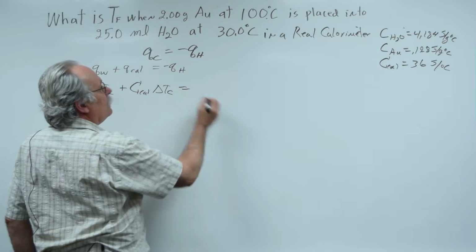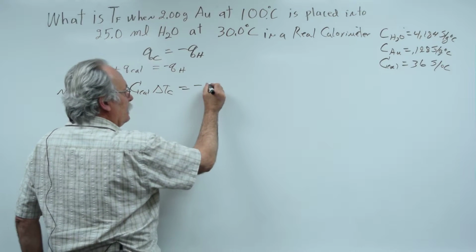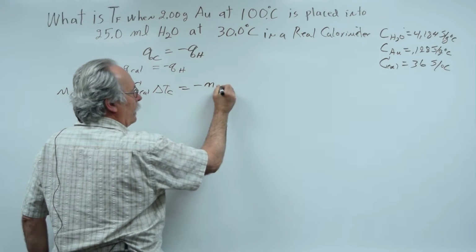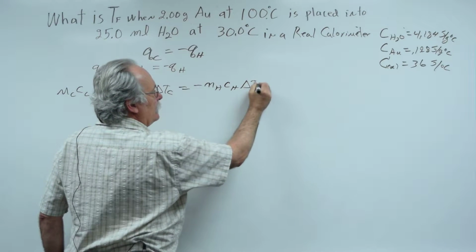Now this is equal to the heat lost by the gold, which is equal to minus the mass of the hot object, times the specific heat capacity of the hot object, times the delta T of the hot.